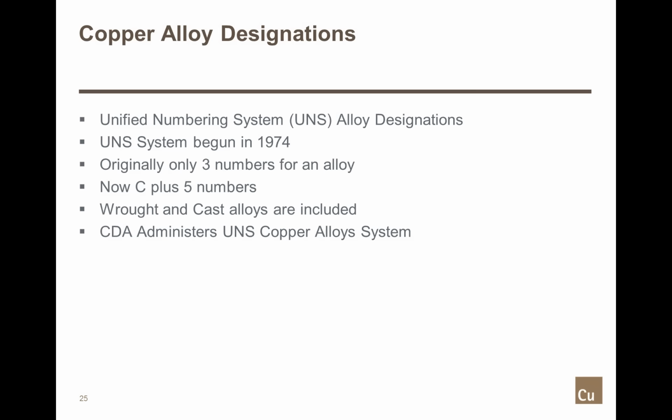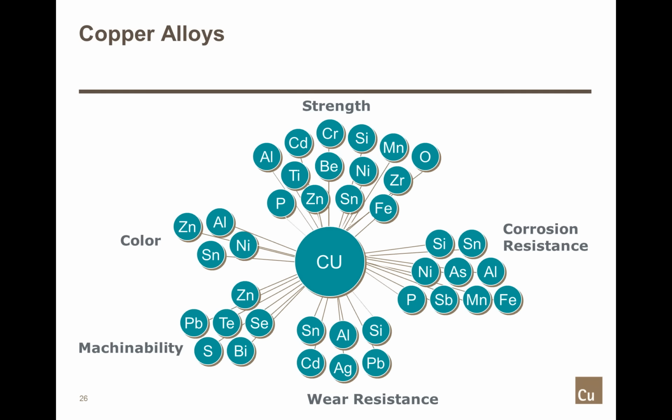Well, in making a copper alloy, you add something to copper to make that alloy. And here's a nice little diagram which shows you some elements that are added to copper to provide various properties. Let's go to the left. For color, you can add zinc. Copper and zinc is brass.